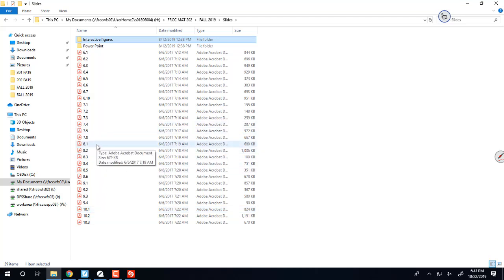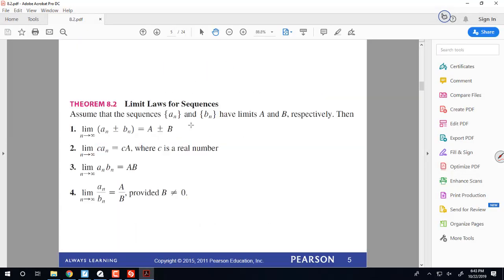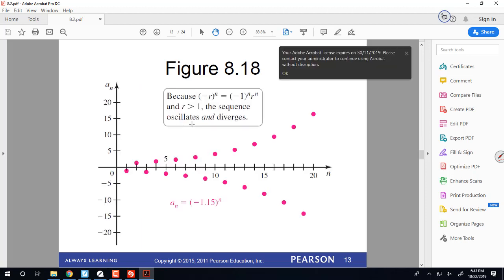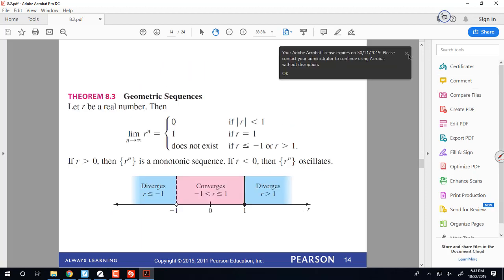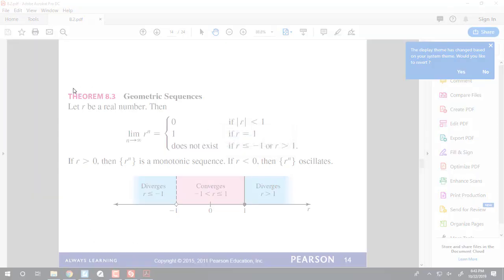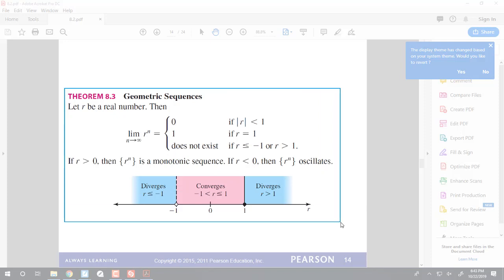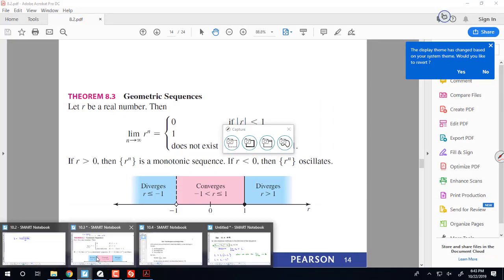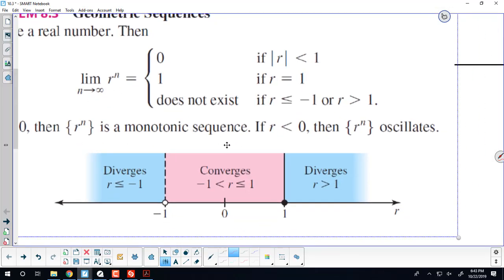I forget exactly what it was. Yeah, here it is. So the geometric sequence theorem gives us for what values of the ratio the geometric sequence converges.